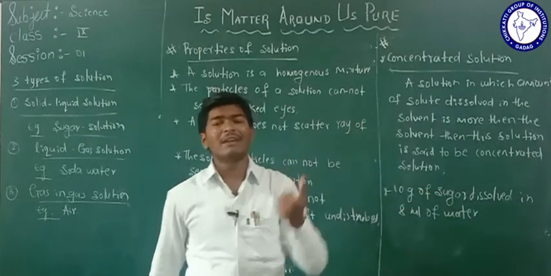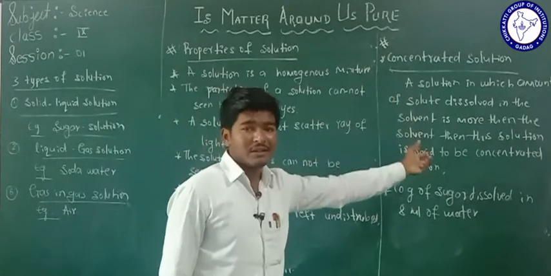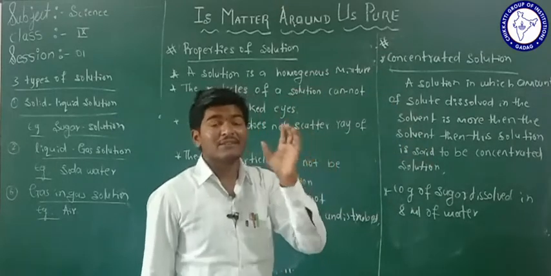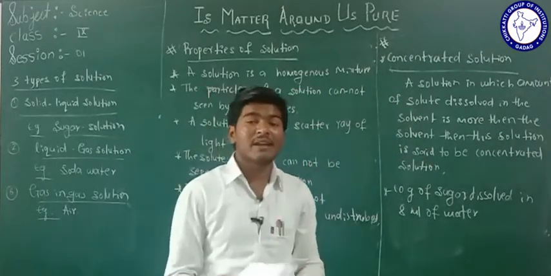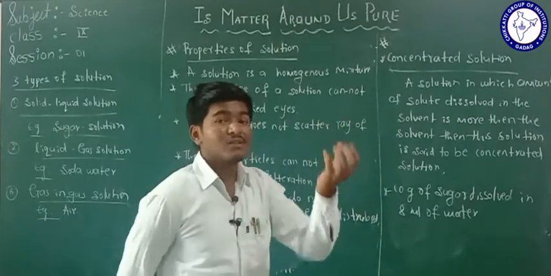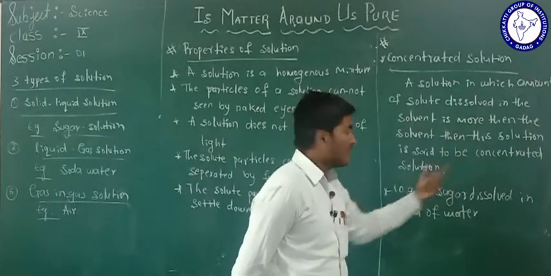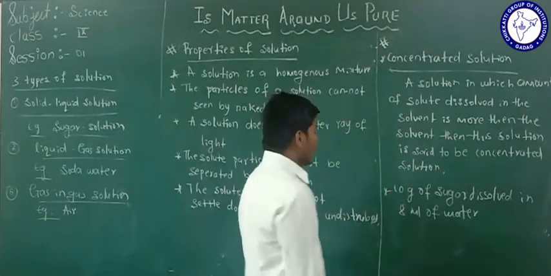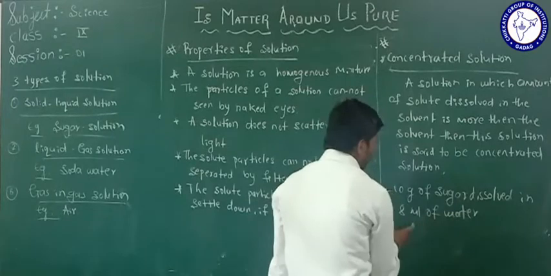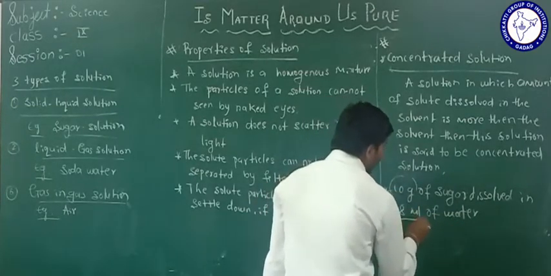What is the meaning here? A solution is said to be concentrated if the amount of the dissolved solute particles is more than the amount of the solvent. Here I am considering one example: 10 gram of sugar dissolved in 8 ml of water, that is, the solute is greater than the solvent.